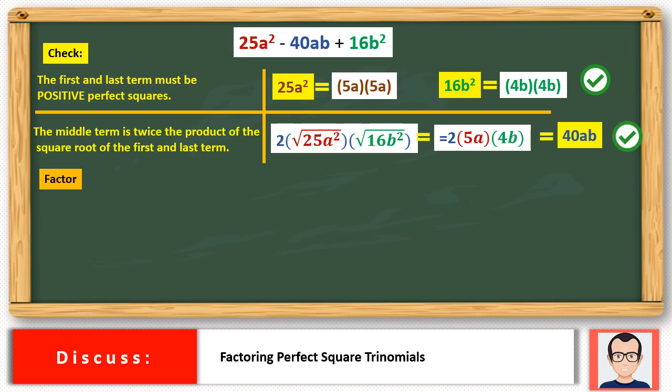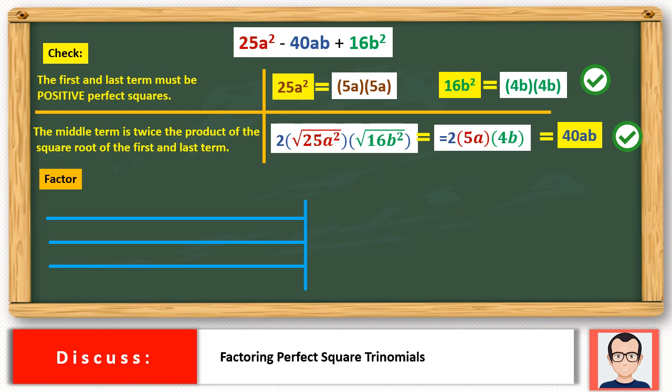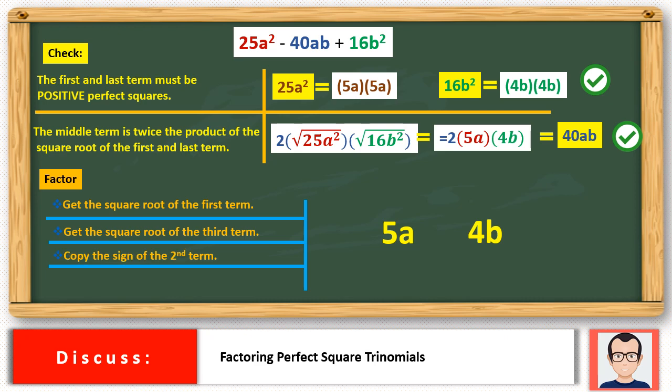Now we can factor, since we have proven that it is a perfect square trinomial. Using the guidelines that we set, let's do it. First, we get the square root of the first term, which is 5a. Next, we get the square root of the third term, which is 4b.